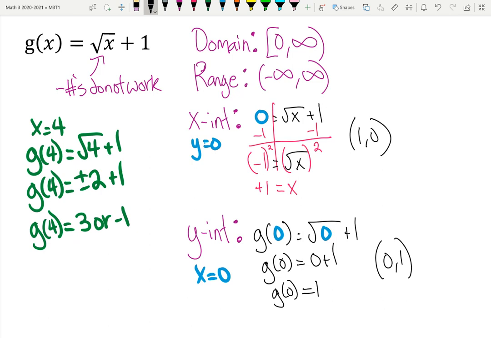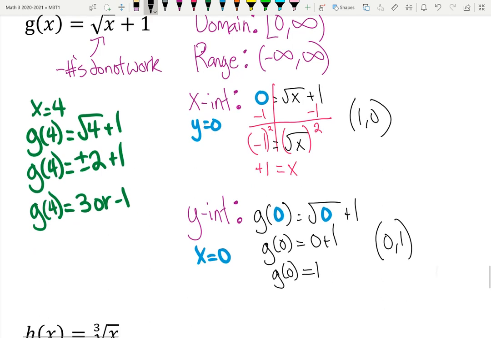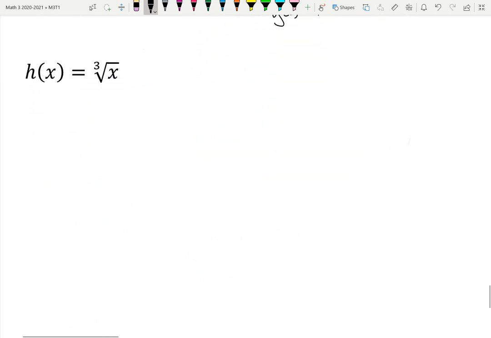Domain and range. For even radicals, you can't have negatives. All right, the second half is, whoa, this is an odd degree. Before, when it was the square root of 4, that was plus or minus 2. Now the cube root of, let's say, negative 1 is negative 1.